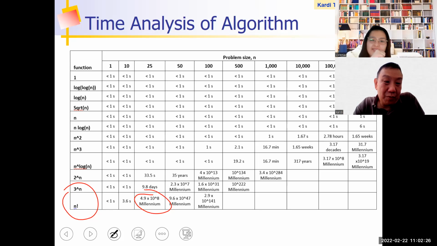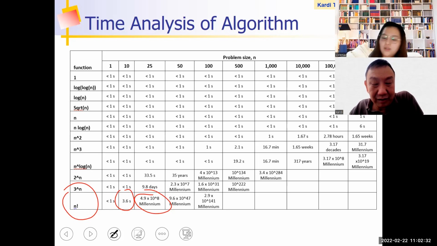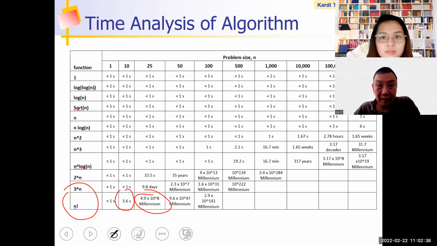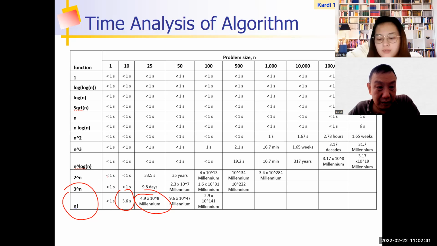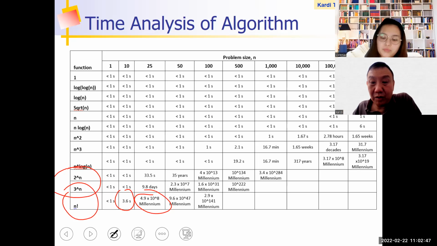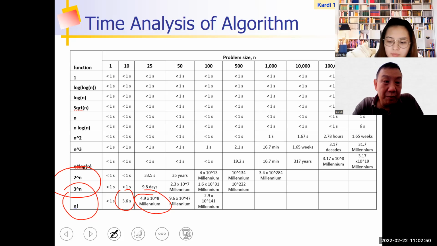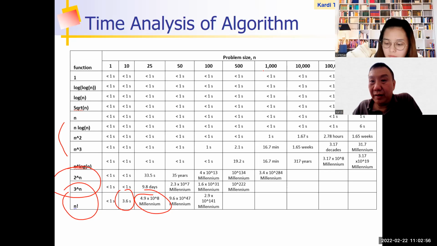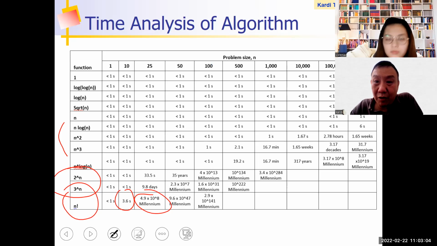If the problem is only 10 cities, for example in TSP, you can solve it in 3.6 seconds, but in 25, you cannot solve it anymore. Again, factorial or exponential, you cannot solve. When the problem is only polynomial time, you can solve. But even in polynomial, if your decision variables are actually 1 million, again, you cannot solve the number of variables.